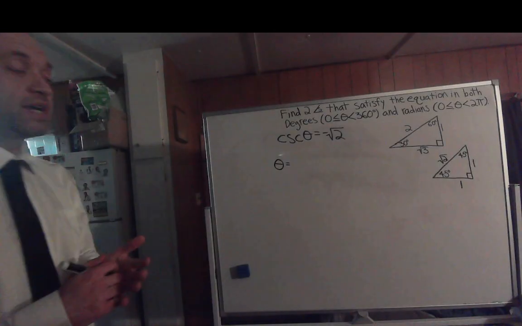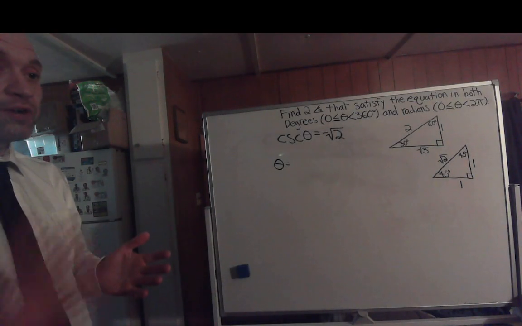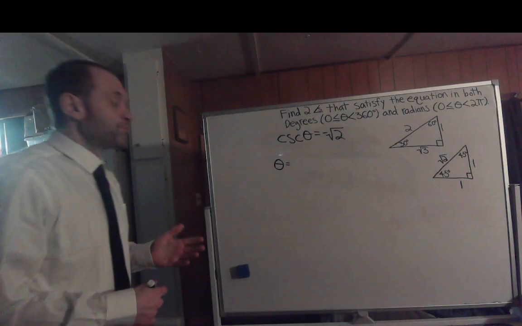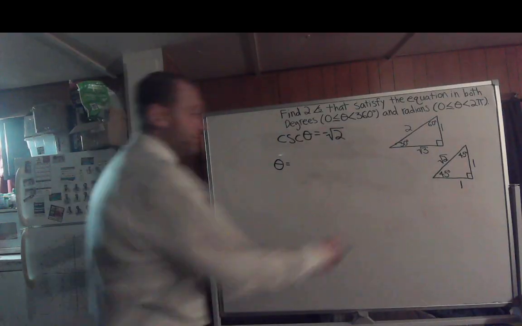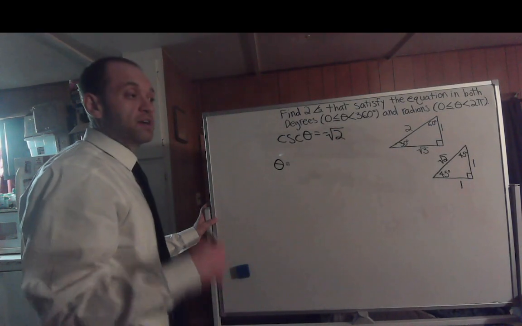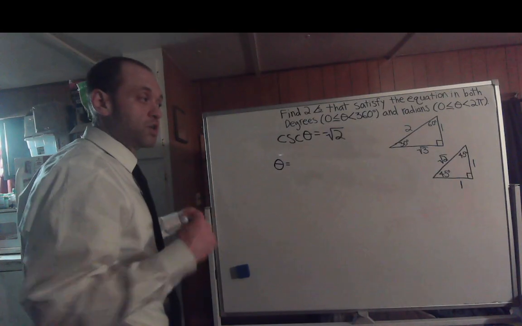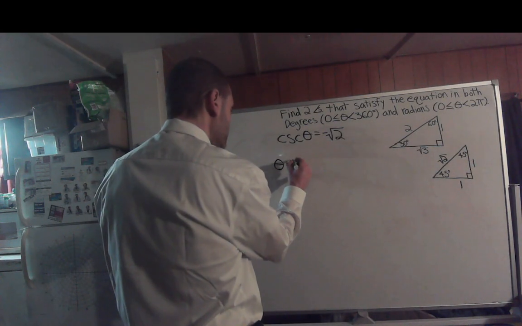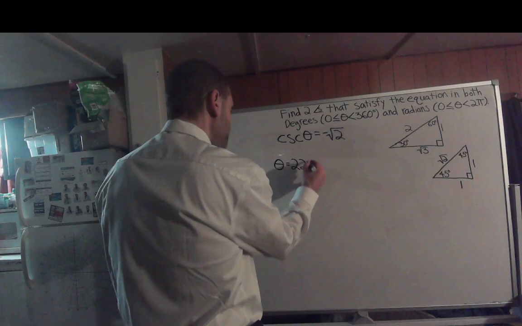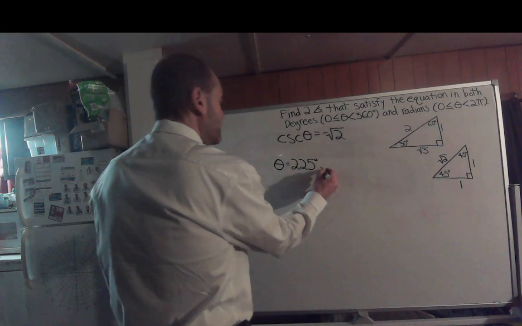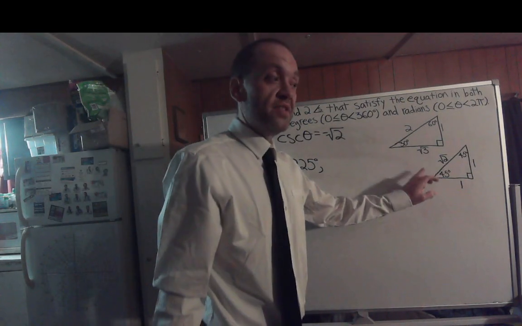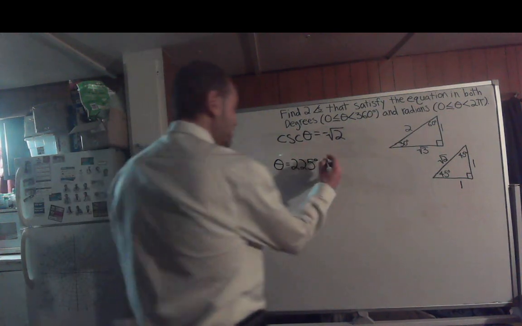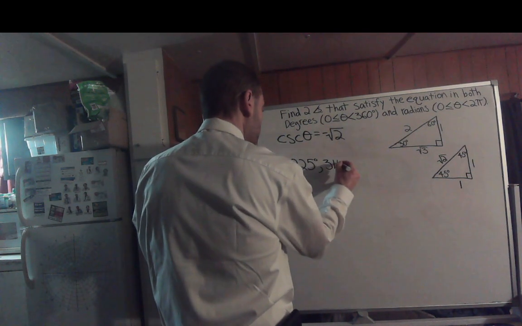So this is going to be based off of a 45-degree reference angle. So we're in the third and fourth quadrant, so take that 45 degrees, add it to 180 to get your third quadrant angle. You would end up getting 225. And then to find your fourth quadrant angle, take that 45, subtract it from 360, you end up getting 315 degrees.